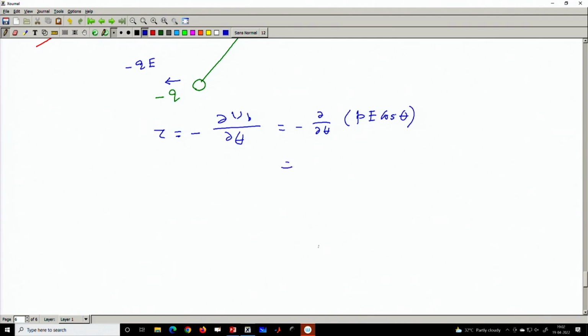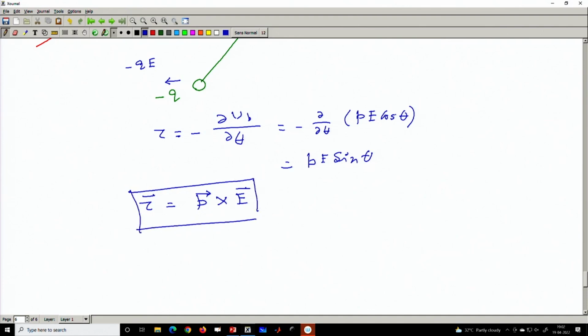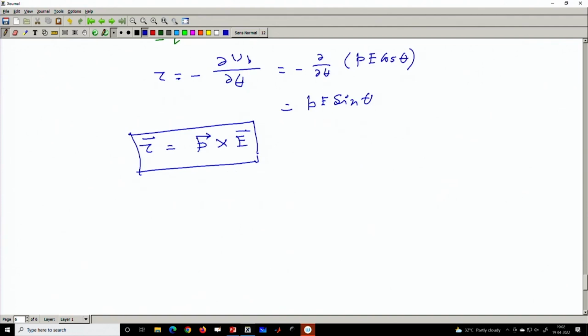If I make a derivative with respect to theta, it is P E sin theta. In vectorial notation, this sin theta can be absorbed, and I can write it simply as P cross E. This is the amount of torque experienced by a dipole whose dipole moment is P, placed in a constant external electric field E.